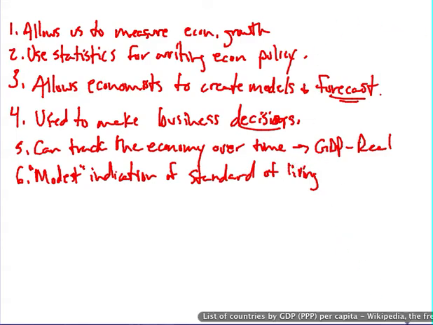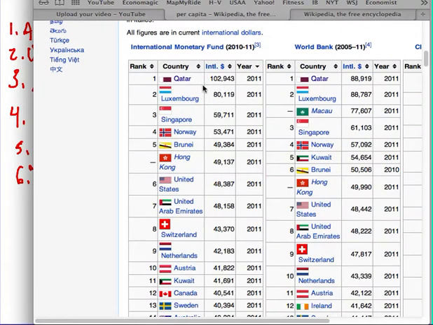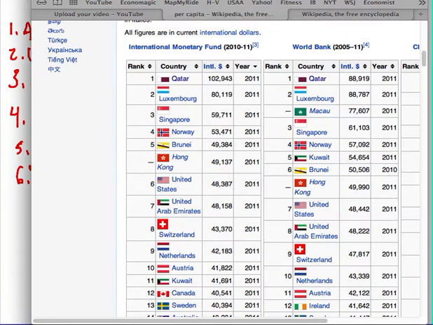Like if we go back to Qatar here at $102,000, that doesn't mean that everybody on average has $102,000. There might be 4 or 5 individuals that have 80% of the wealth, and then the rest of the population has 20% that they have to split between them. And so the average person may be kind of poor. I just don't know. But so it's not a great measure.